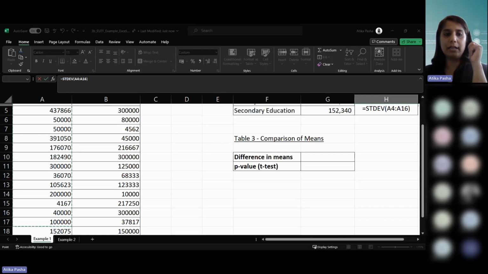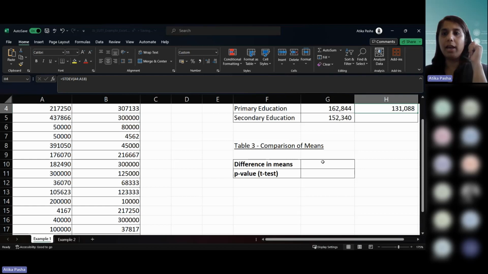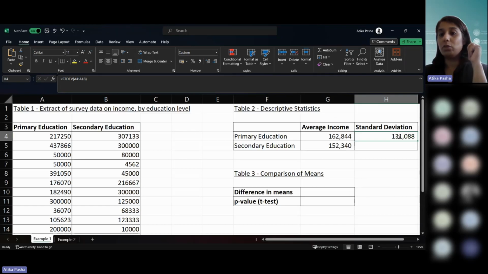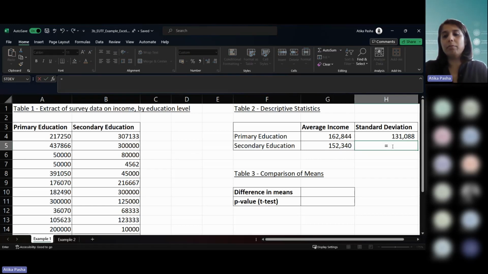So we're interested in calculating the standard deviation for these individuals, and we click OK. This standard deviation is 131,088 shillings. Again, a pretty high number for your standard deviation. But one must keep in mind that income is one of those variables that has very high deviation in the first place.